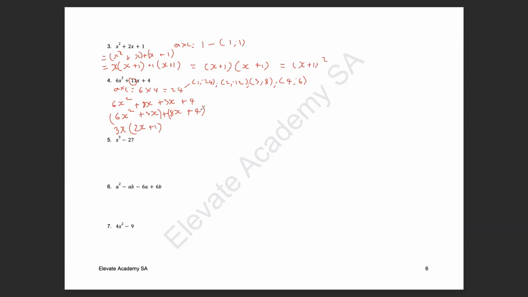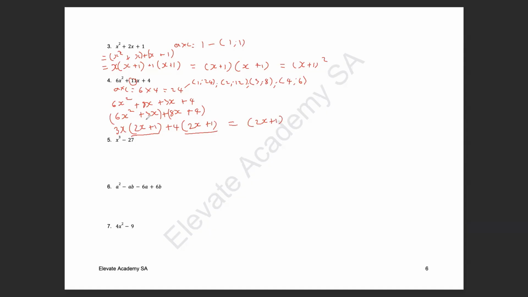And within these two terms, the common factor is 4. We divide the first term by the common factor, we're left with 2x. Second term by the common factor, 1. And then we look, okay, cool, 2x plus 1 is common to both, so we take that out as our common factor.